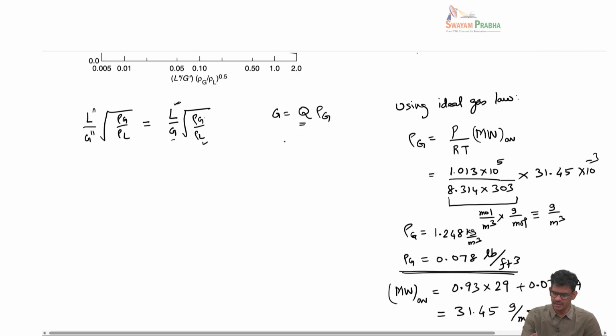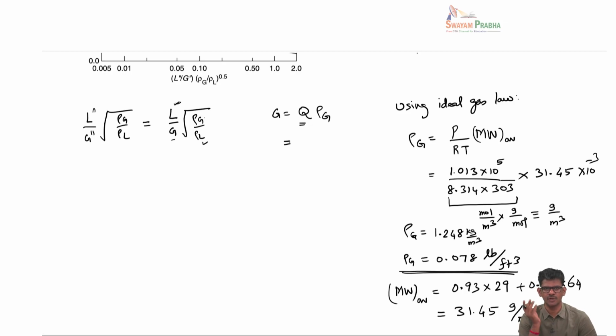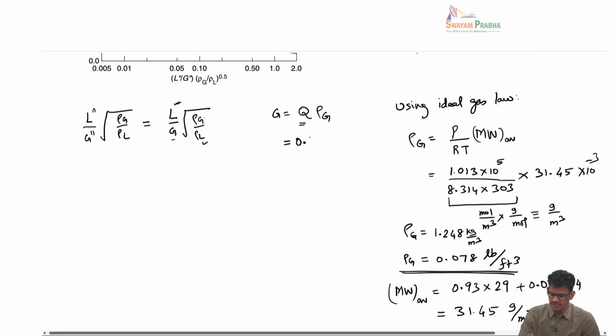Now I can go back and calculate the mass flow rate of gas, which is the volumetric flow rate multiplied by the density. I need to convert this into English units.